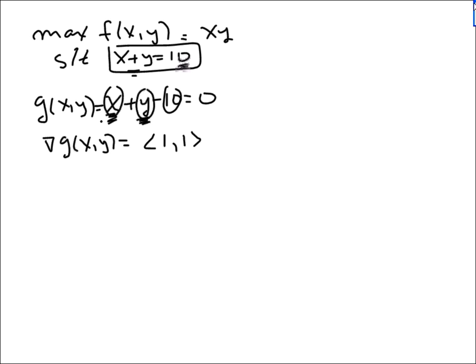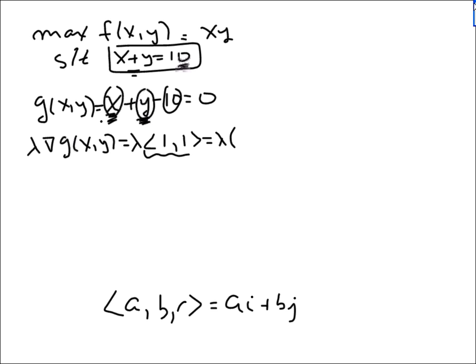But I don't just want the gradient of g. I want lambda times the gradient of g. And again, I'm possibly using different notation. Whenever in these strange looking brackets I put a, b, I mean a i plus b j.